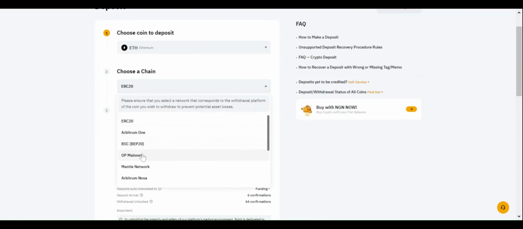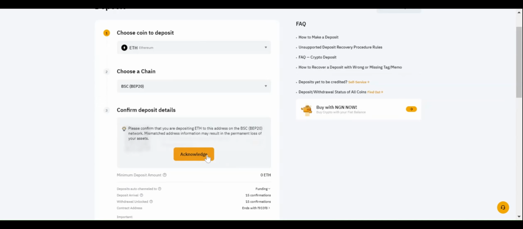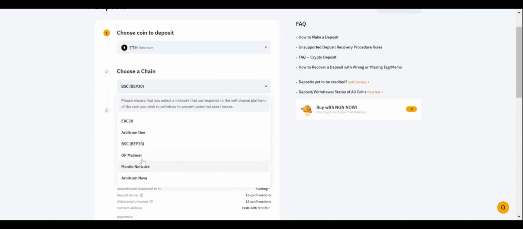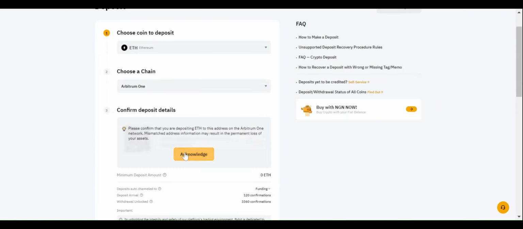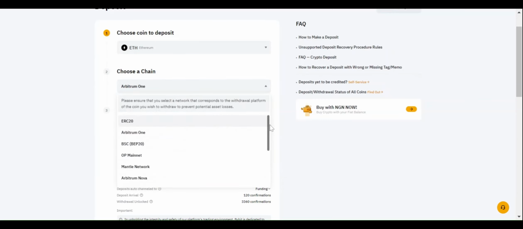So if I change this to BEP20, okay, it's the same address, 51C8. Let's use Arbitrum One, same address, 51C8. Okay.